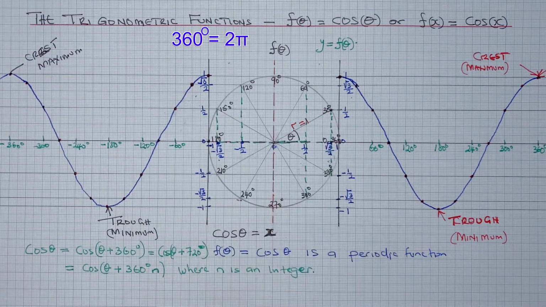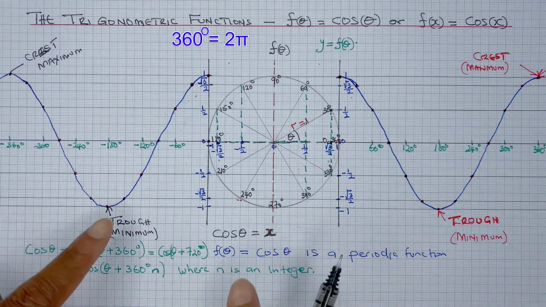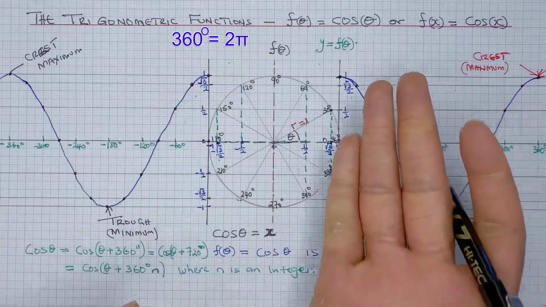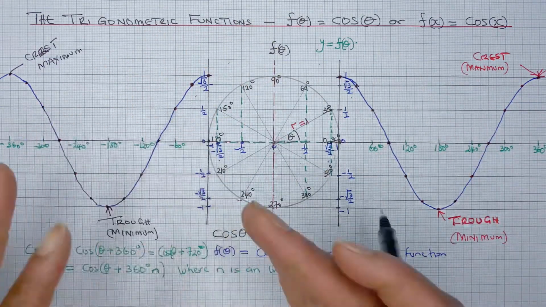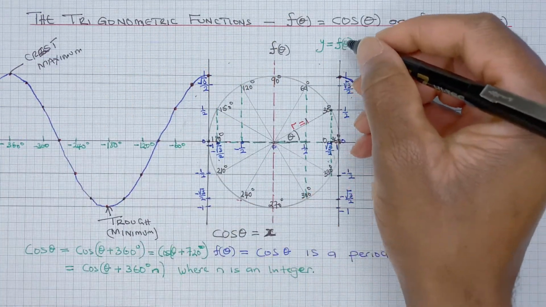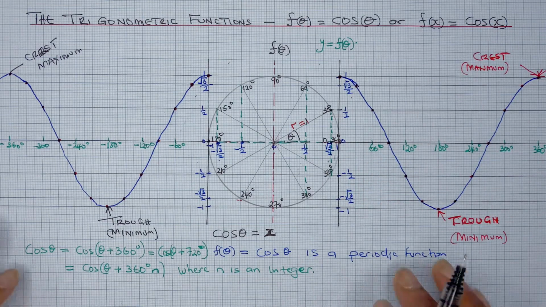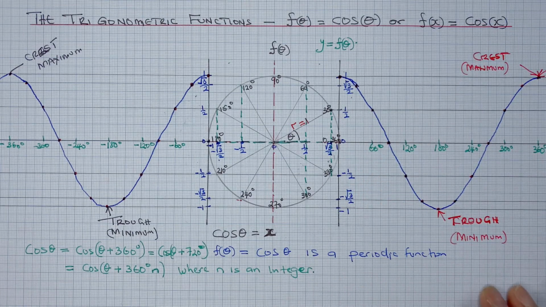Another crest there. And again, you can see it's symmetrical. If you reflect that to there, it's exactly the same. So it's symmetrical about the y-axis. And that's how you draw the graph of cosine theta or cosine x.